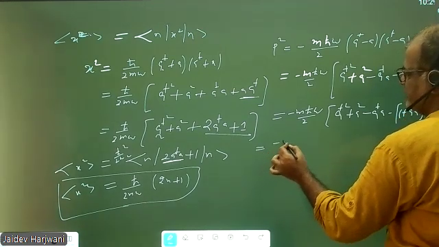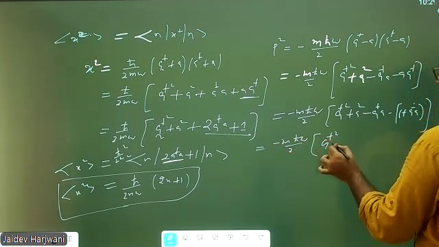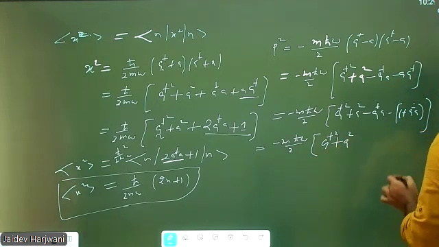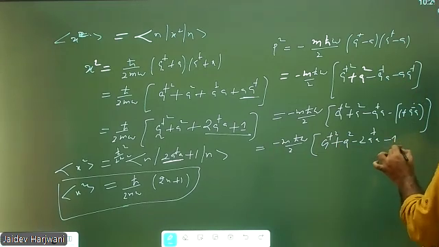And if you solve this one, minus m h cut omega upon 2, this will give you a square plus a dagger square minus 2 a dagger a minus 1.